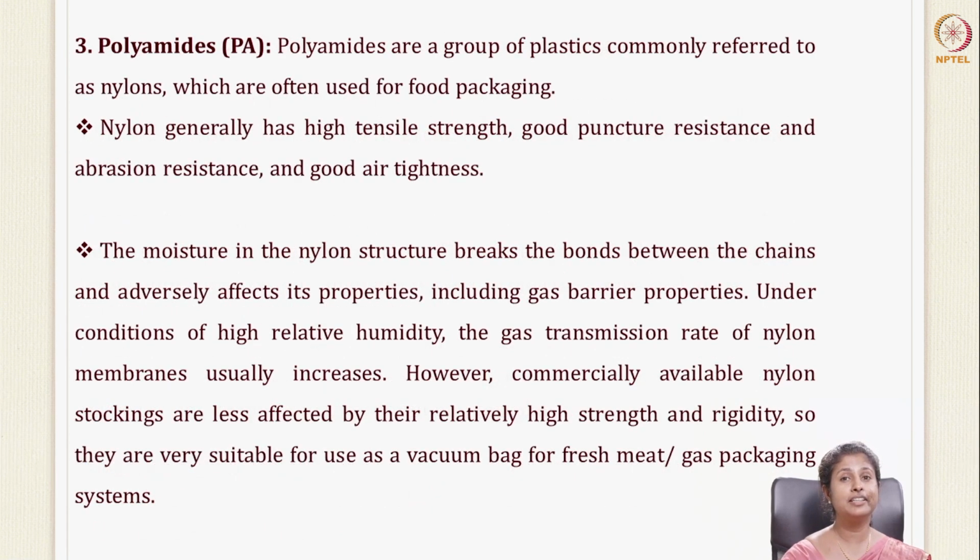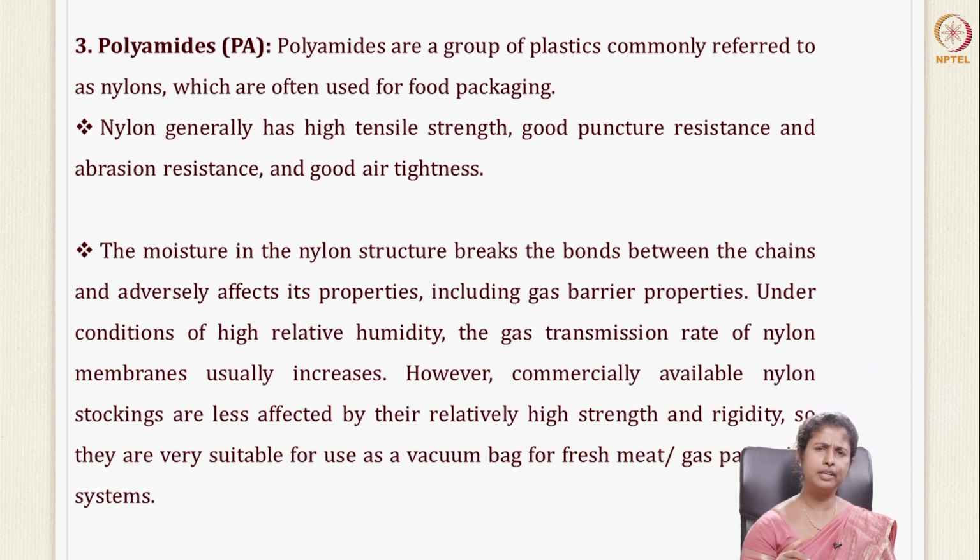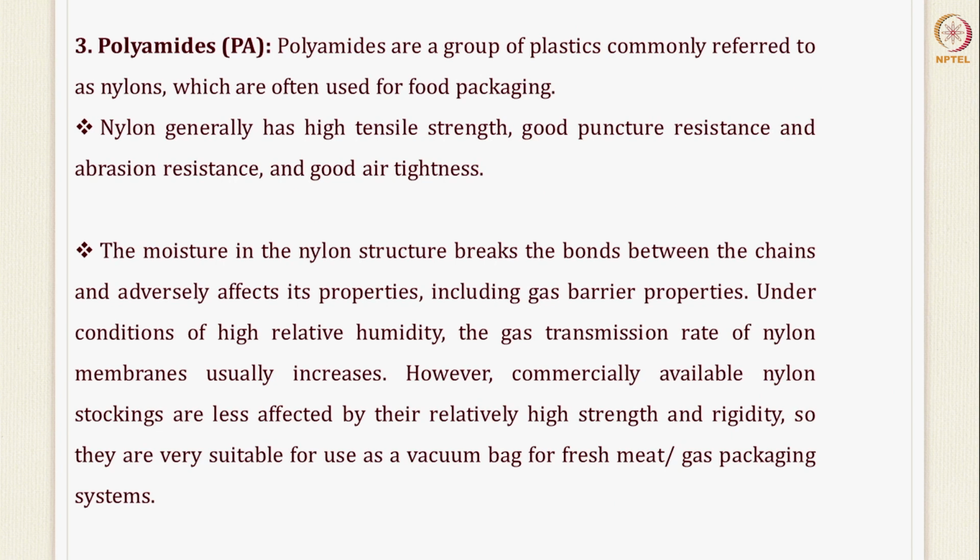The third material is your polyamide. We talked about polyamides in retort packaging also, because this one has good puncture resistance, tensile strength, good abrasion resistance and good air tightness. The moisture in the nylon structure breaks the bonds between the chains and adversely affects its properties if there is moisture, including the barrier properties.